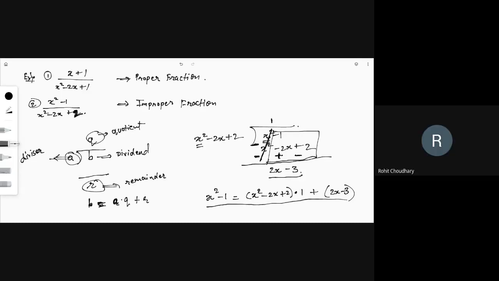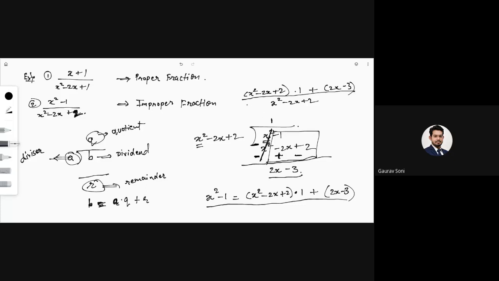Yes, sir. Now I will put this value in this improper fraction in the numerator. X square minus 1 क्या है? X square minus 2x plus 2 into 1 plus 2x minus 3. And what is our denominator in this? X square minus 2x plus 2. Now this denominator gets separated.